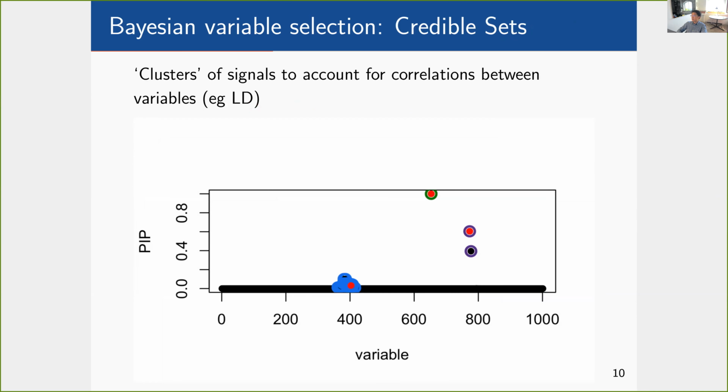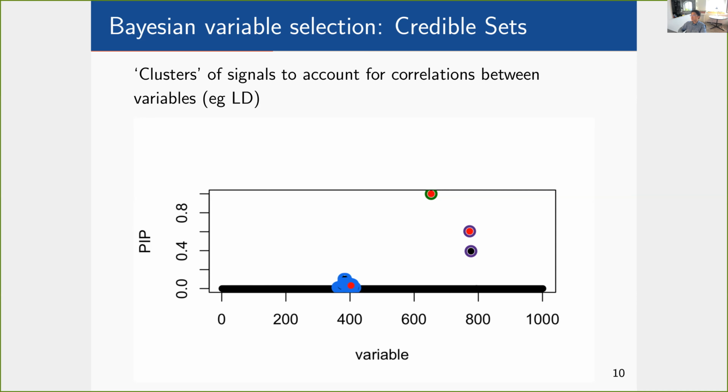For example, you can make a statement: given a bunch of variants that I can't distinguish between each other, what's the probability of this bunch of variants containing 1 independent signal, 2 independent signals, and so on and so forth. So there are different ways to formulate this formally as a credible set.